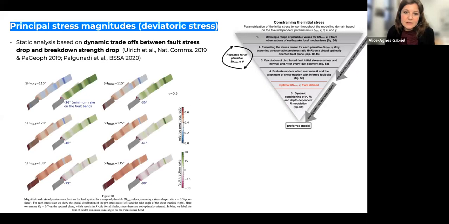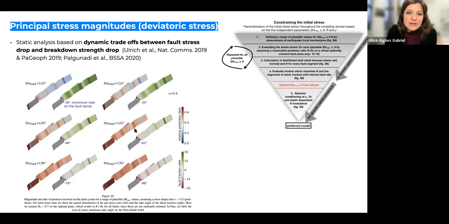How this can look in practice is visualized here for the fault geometry of the Palu earthquake, where we applied the same approach. This is something you could think of as a dynamic slip tendency analysis. We're exposing this fault system to varying SH max, so varying angles of the maximum compressive stress.